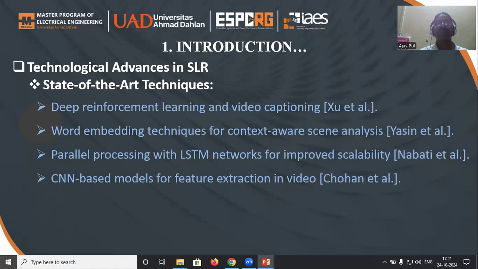Yasin and his team embedded word embedding techniques for context aware sentiment analysis. Nabati and his team used parallel processing with LSTM networks for improved scalability. Cohen and his team used a CNN-based model for feature extraction in the video.